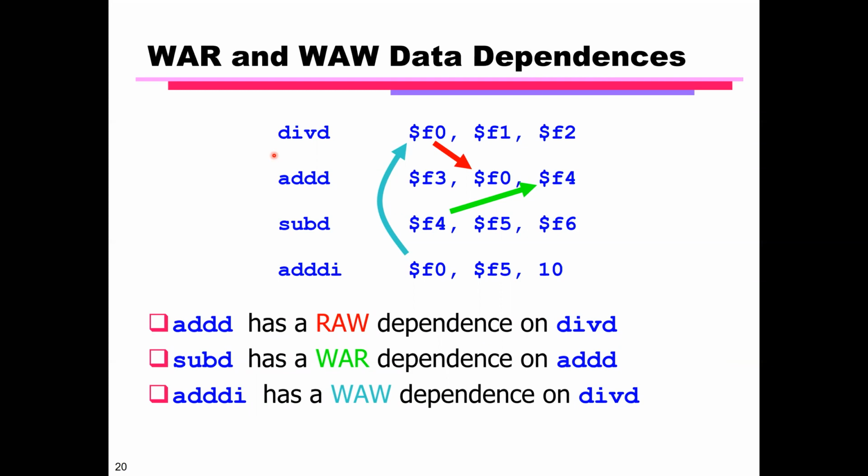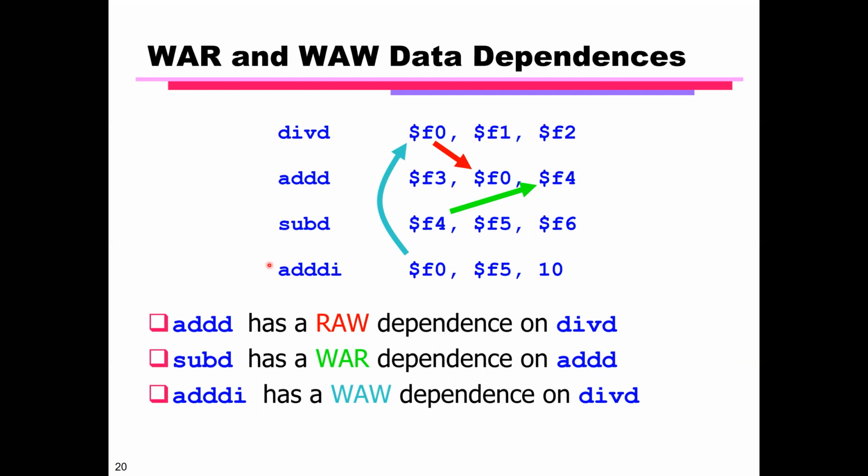The same is true for this write after write. I write twice in F0, I write this value and I use it, and then I write a new value, and then probably I will be using it. So again, it is a dependency, right?